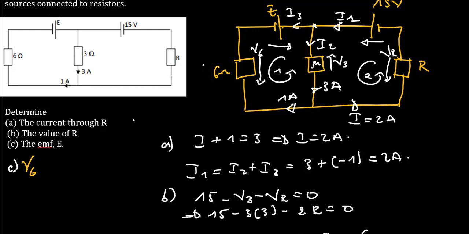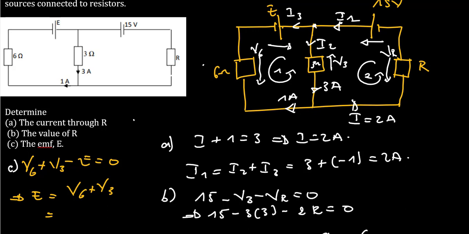Then as it goes up, it is in a positive orientation in V3. So there will be plus V3, then minus E is equal to 0. So E will be equal to V6 plus V3. But what is V6?